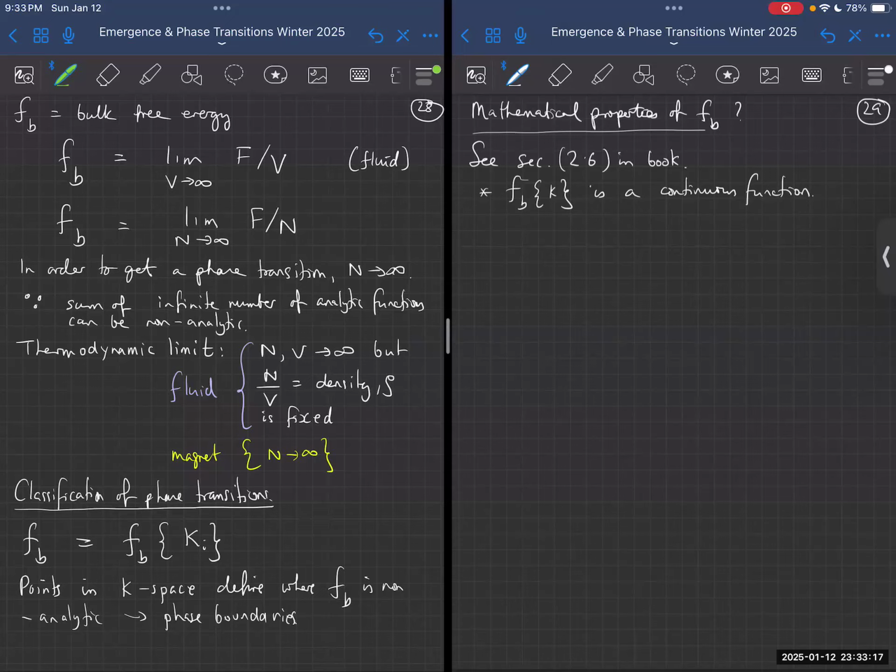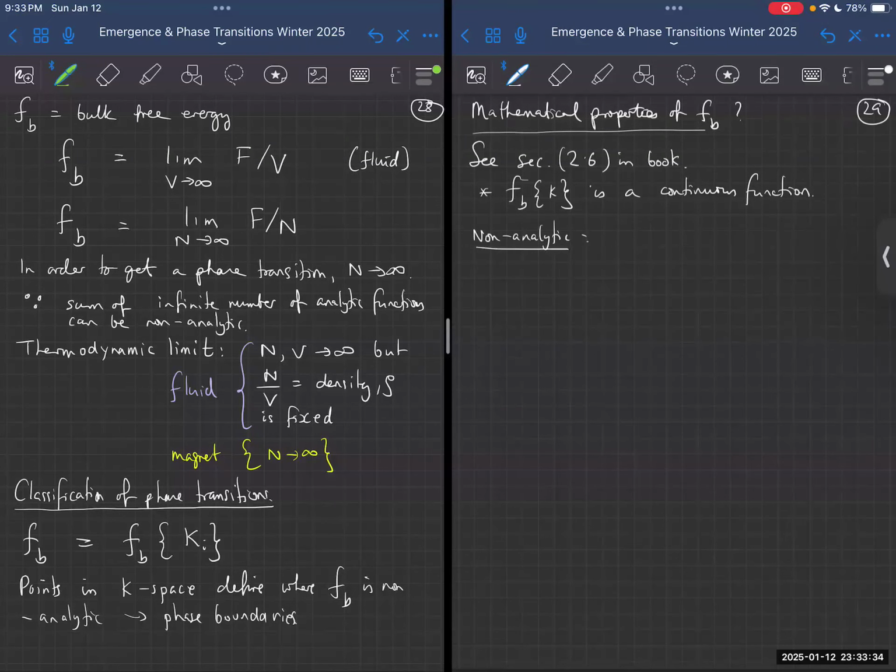So you might say, if it's a continuous function, how can it be non-analytic? Well, it can be non-analytic in multiple ways.